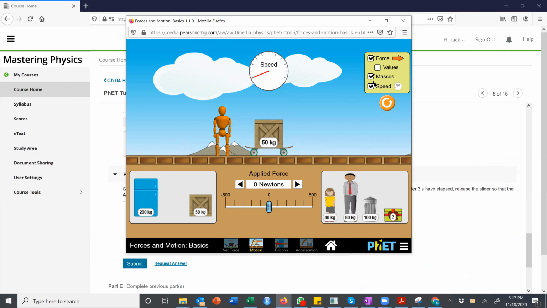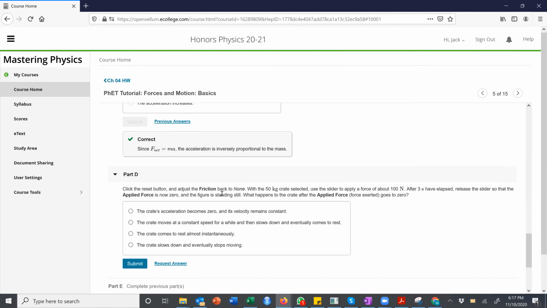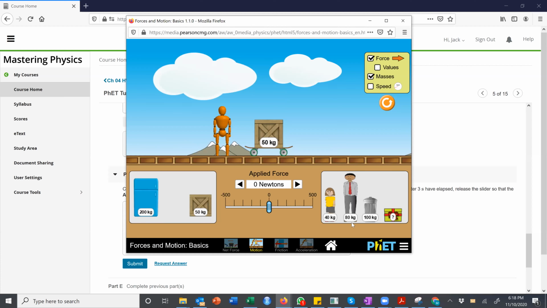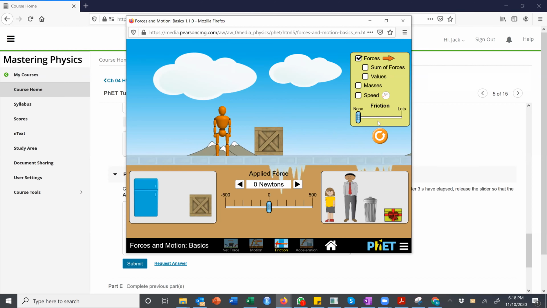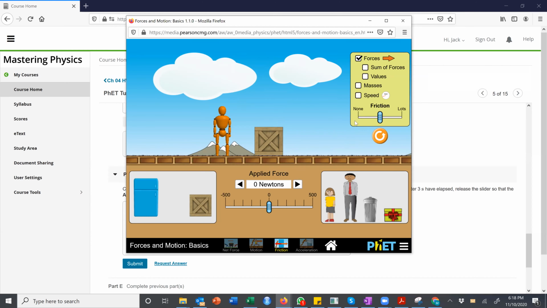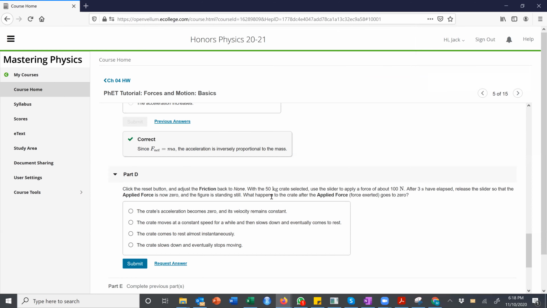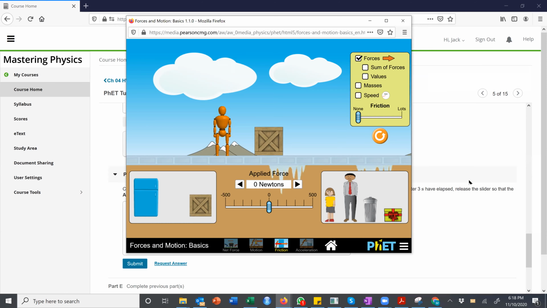I still don't see anywhere for friction. Oh, there's one for friction. Okay. So there's friction back to none, with the 50 kilogram crate selected.